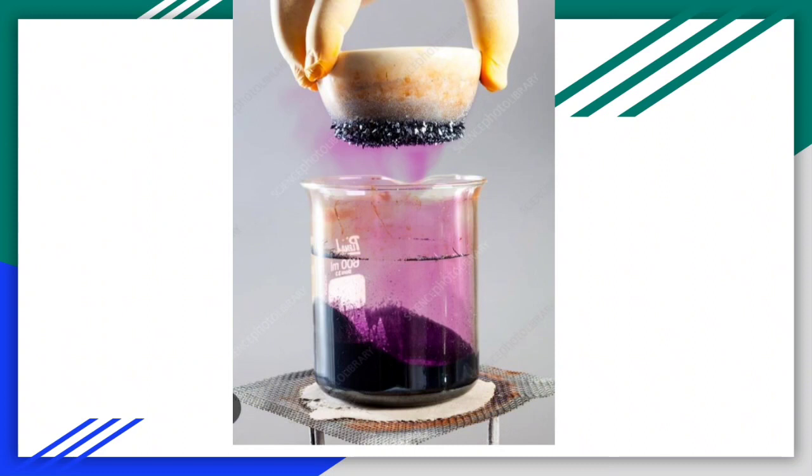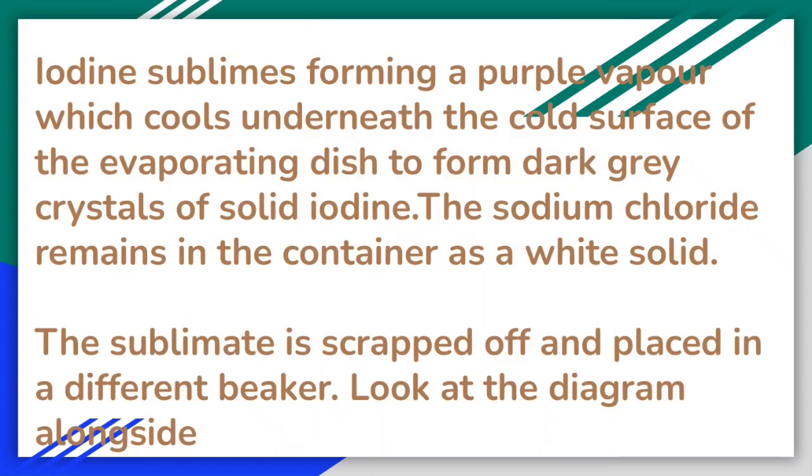Because we place an evaporating dish on top which has cold water, when that vapor gets into contact with the cold underneath of the evaporating dish, it solidifies again, and we are able to see our gray particles settling at the bottom, underneath the evaporating dish.